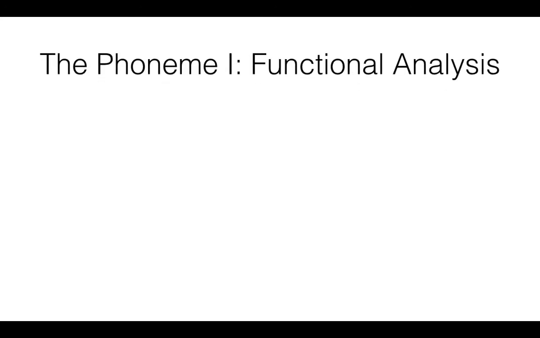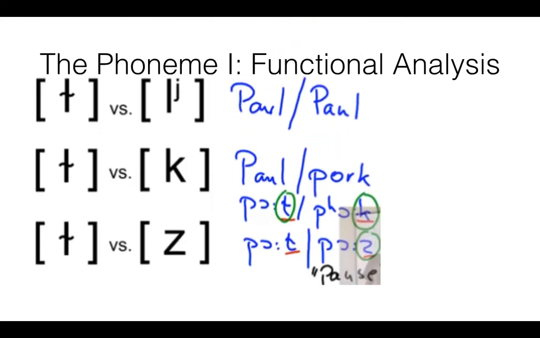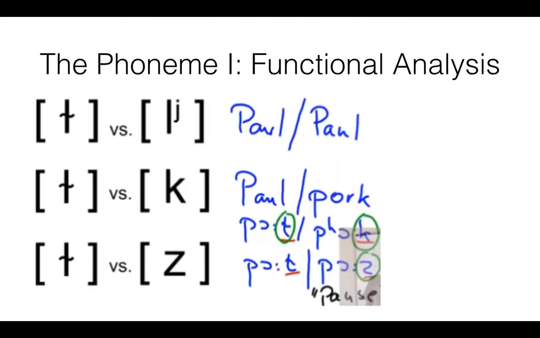Now we move to the second criterion, which is functional analysis. Functional analysis. And what do we do here? We try to see what are the phonemes and what are the allophones. Okay?